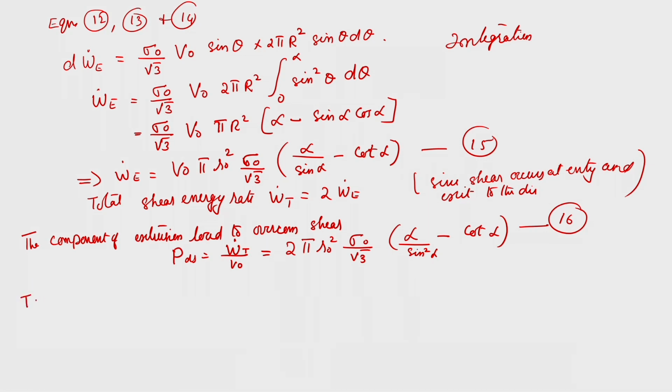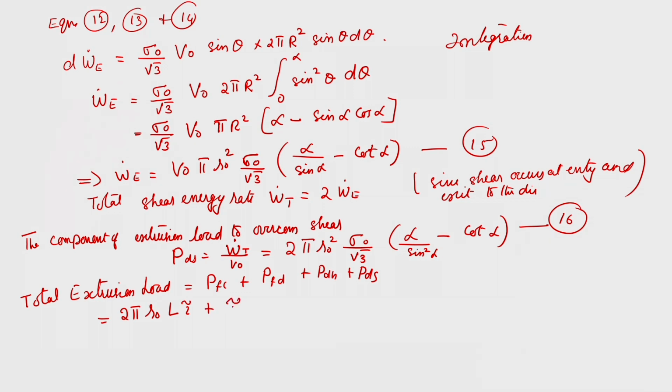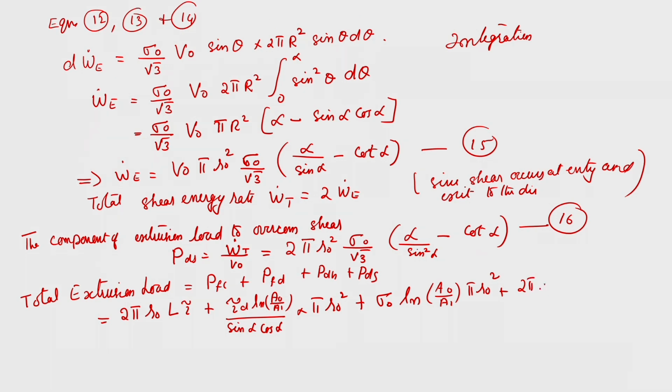So, the total extrusion load is the sum of all these four. Total extrusion load is equal to P F C, as we have written the very first one, P F D plus P D H plus P D S. So, if you write all these things, it will be 2 pi R 0 L into tau plus tau d log A 0 by A 1 by sin alpha cos alpha into pi R 0 square plus sigma 0 into log A 0 by A 1 pi R 0 square plus 2 pi R 0 square.